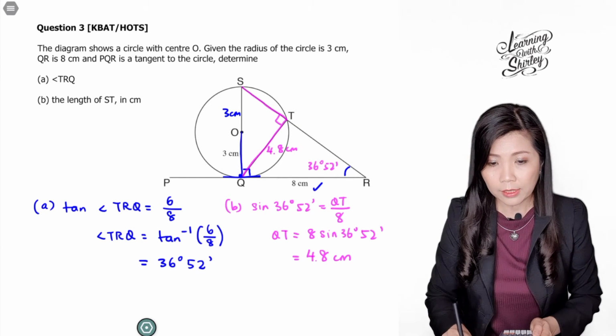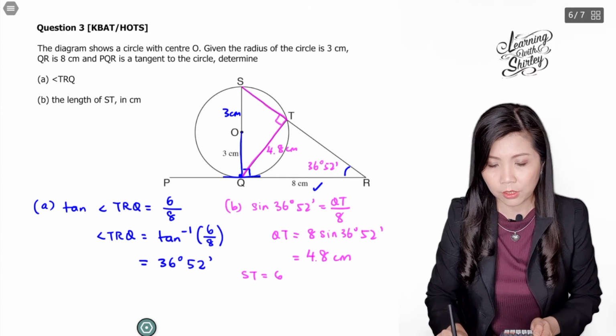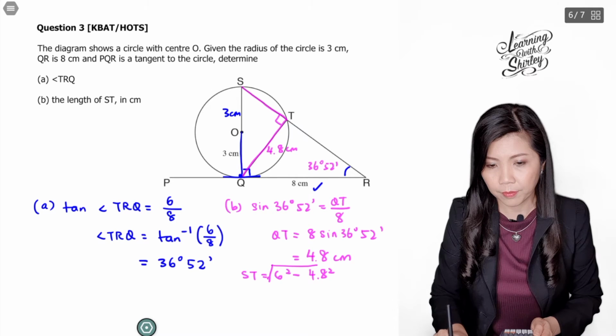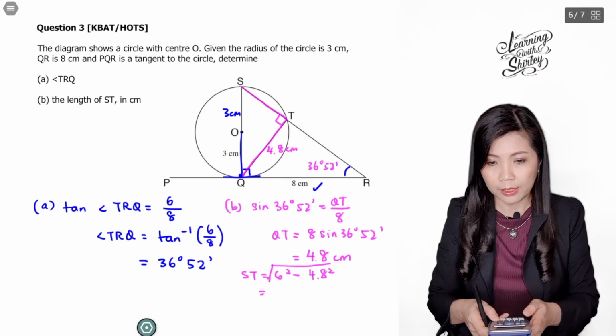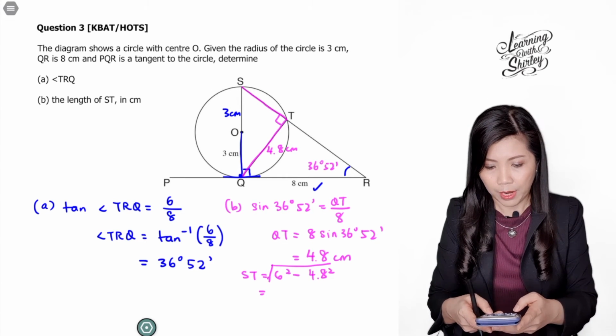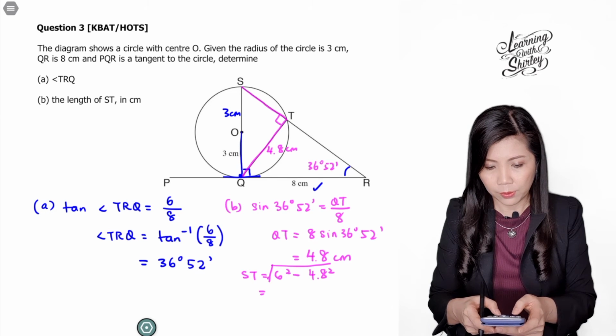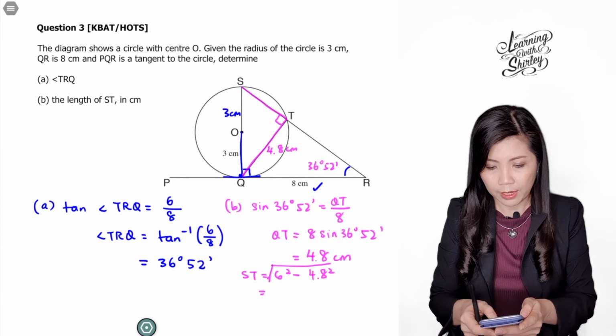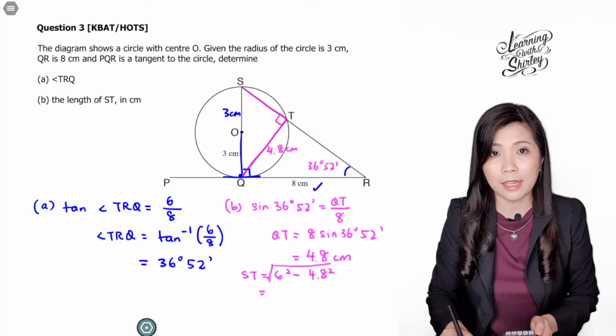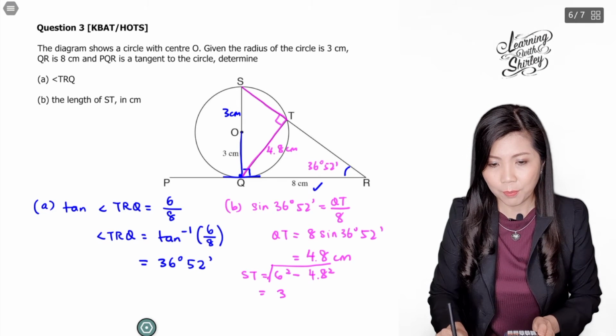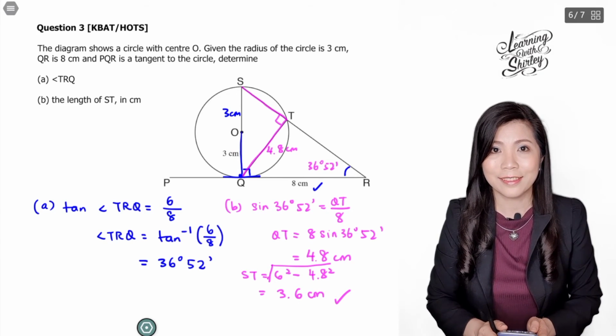So ST is equals to 6 square minus 4.8 square, and then I square root the answer. Let's calculate this. 6 square minus 4.8 square, and then we square root the answer, we'll get 3.6 cm. So that is the answer.